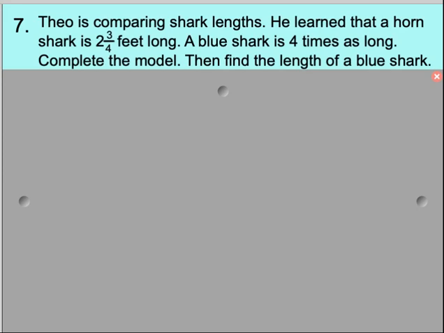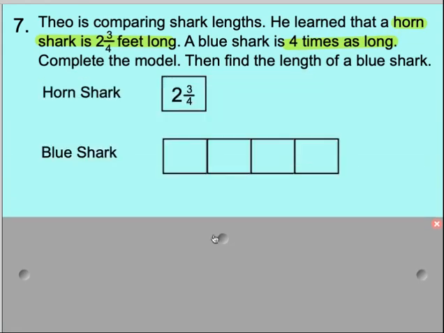Okay, so we know for sure that a horned shark is 2 3/4 feet long. Okay, so they're actually super tiny. Now we know for sure that a blue shark is longer than a horned shark. It's actually 4 times as long. All right, now it says complete the model. So under here, of course, is the model. So we've got the horned shark, 2 3/4.